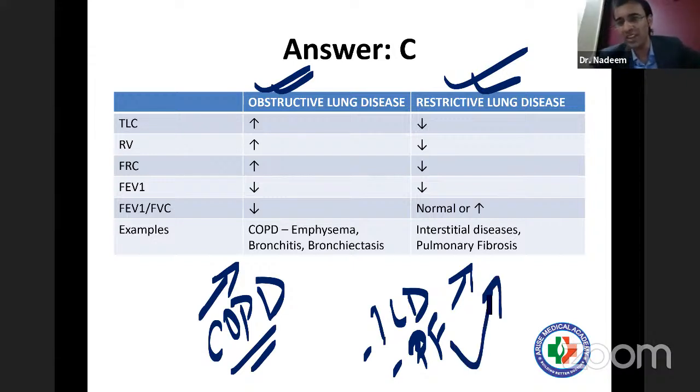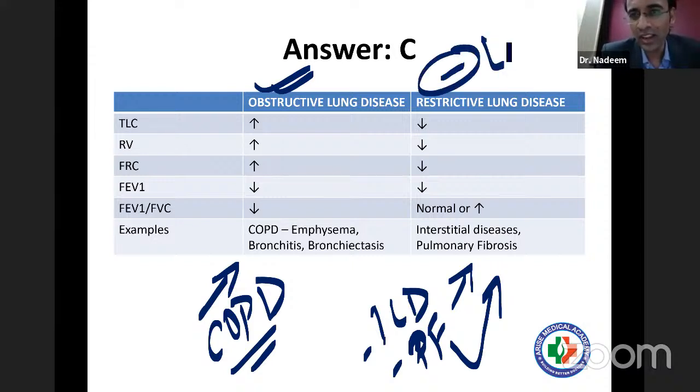What is happening in restrictive lung disease? In all these diseases, what is happening there? These diseases are going to restrict lung expansion. So what will happen when the lung is not able to expand?